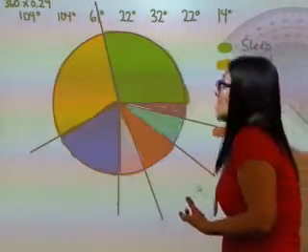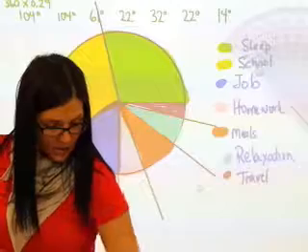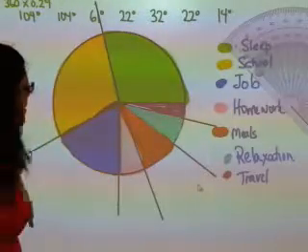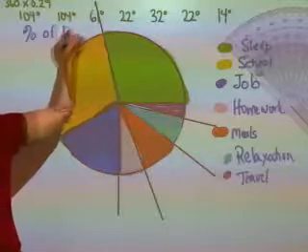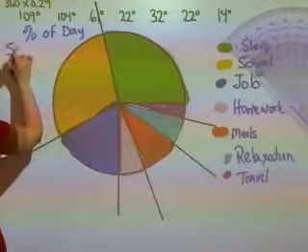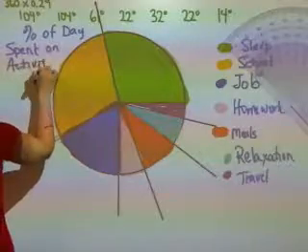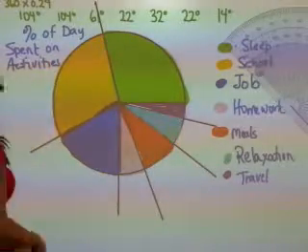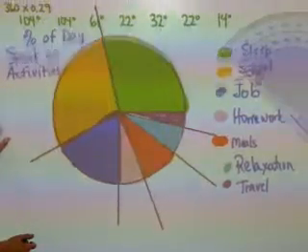The only other thing that I need to do is I would want to put a title at the top of my circle graph. So my title this time could be percent of day spent on activities. And then I could write those percentages in that I calculated from up top.